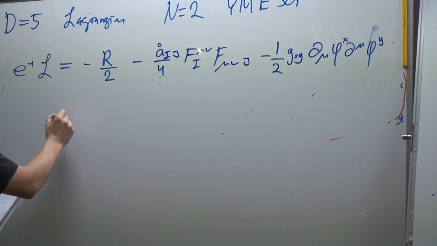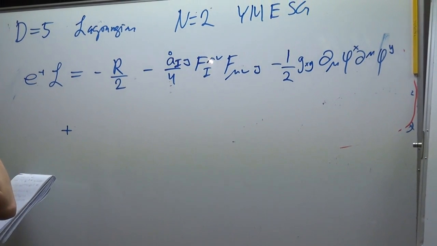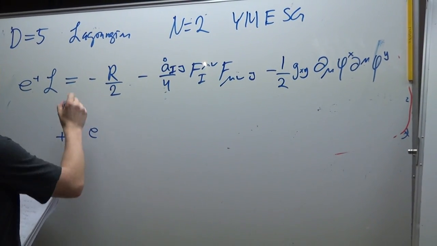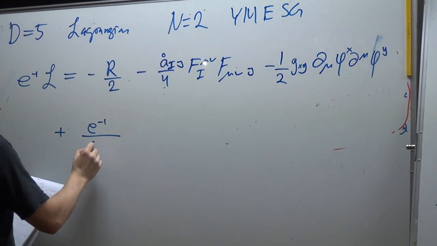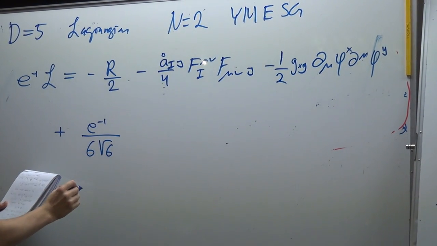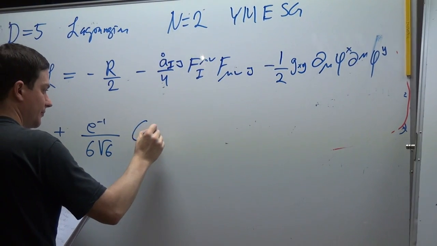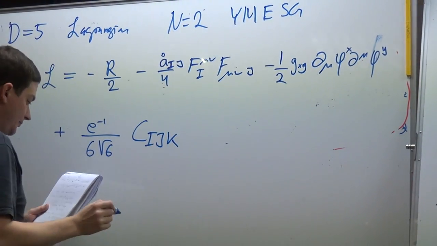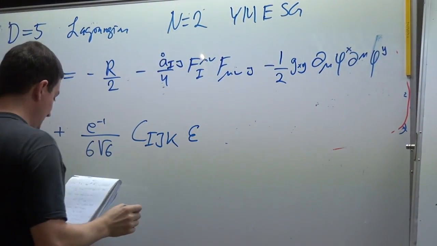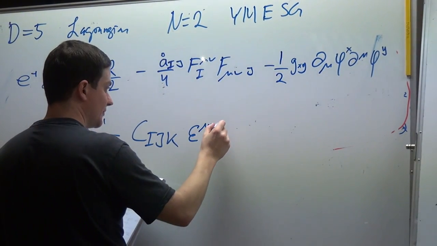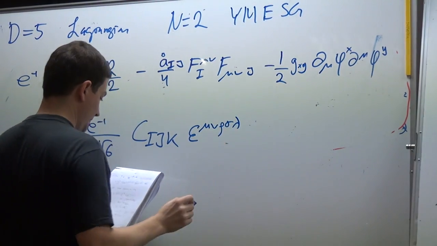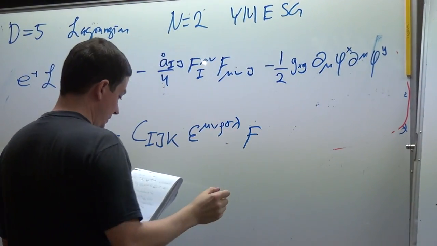And then there's a term which does not depend on the metric, so I have to multiply by this factor again to get rid of it. So this only depends on the Levi-Civita term in 5 dimensions, and it's a 3-vector interaction.